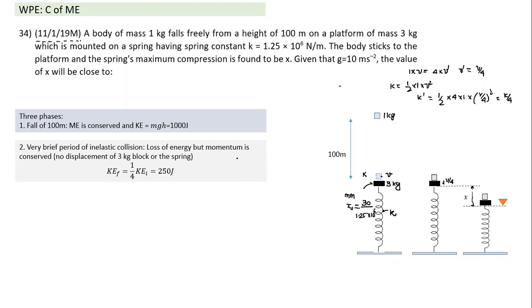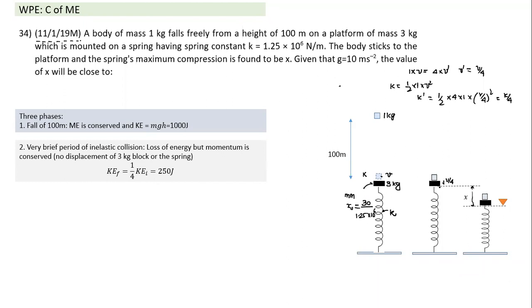Since the time interval is very small, displacement is almost zero. We always consider this happens in a very brief period of time, so there is no compression and no displacement of the 3 kg block or the spring.